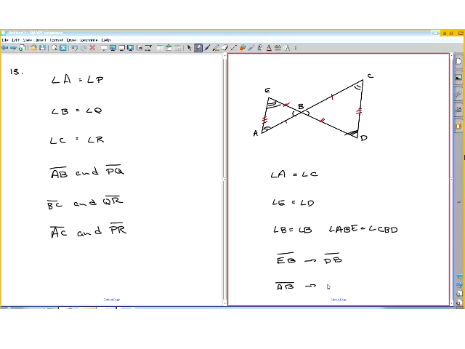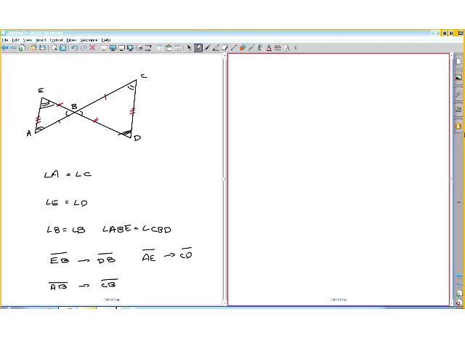AB matches up with CB. That's this one right here and that one right there. And then the ones that are opposite, line segment AE matches up with line segment CD. Okay, so that's how those work with similar triangles.